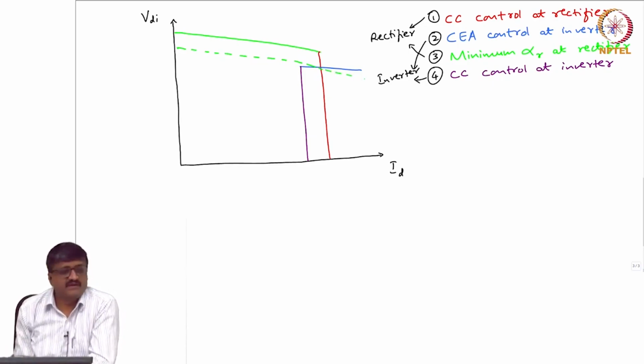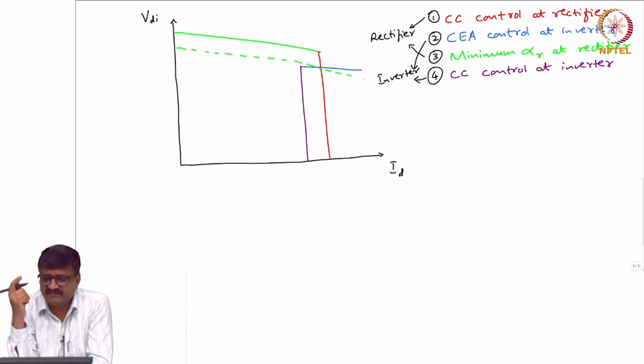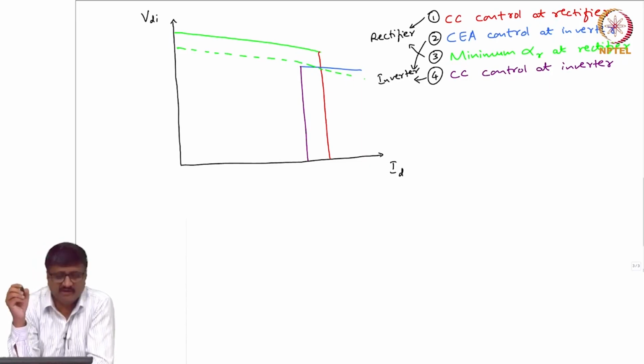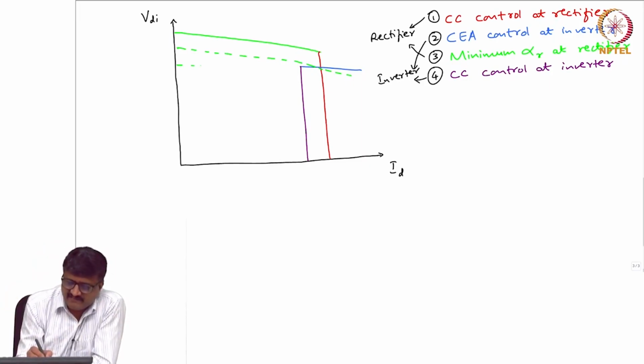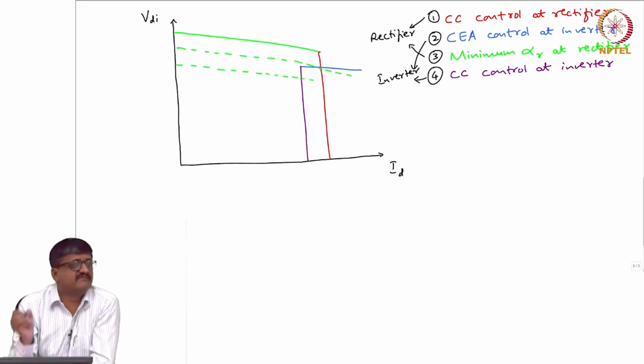So I have shown as if the intersection of the new green and blue is possible. Now you see that the current ID has reduced. Earlier the point of operation was the intersection of blue and red. Now it is the new green and blue. Now if there is a further deterioration, then the green one will not intersect the blue curve, it will intersect the purple curve.